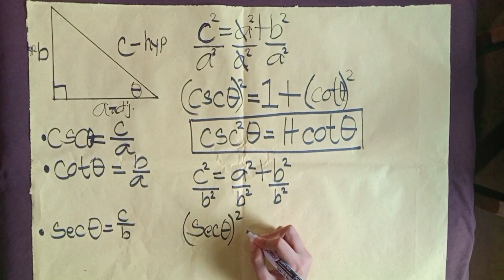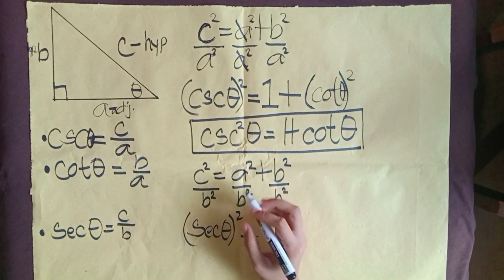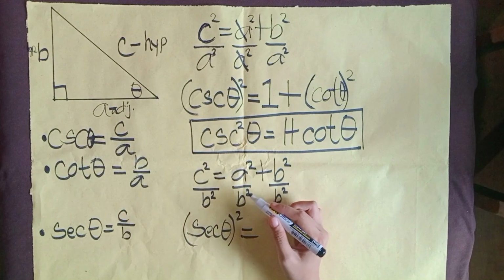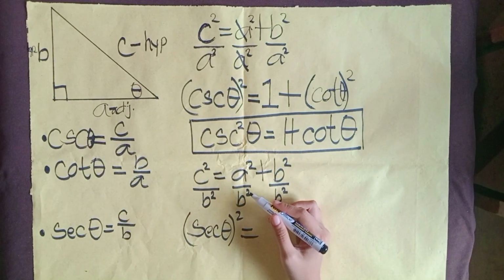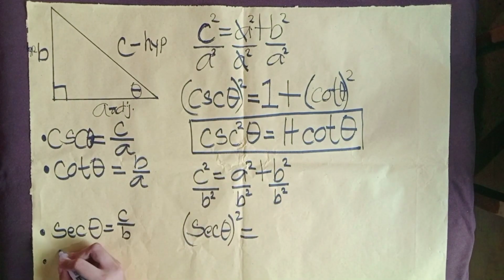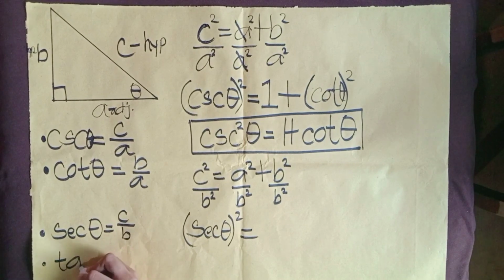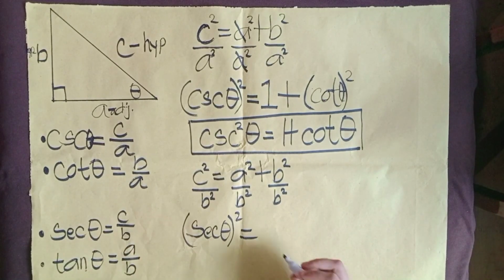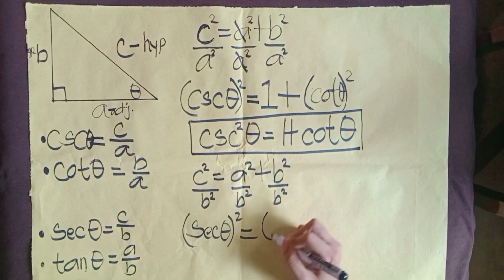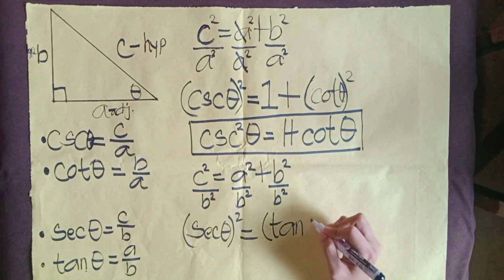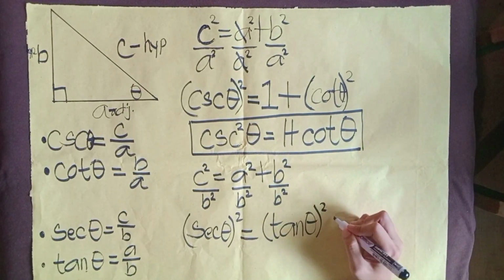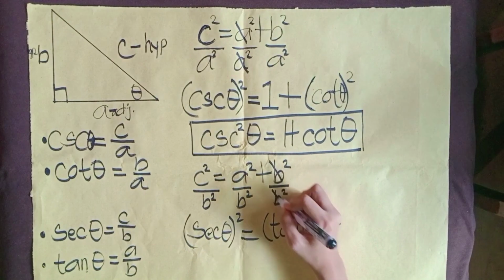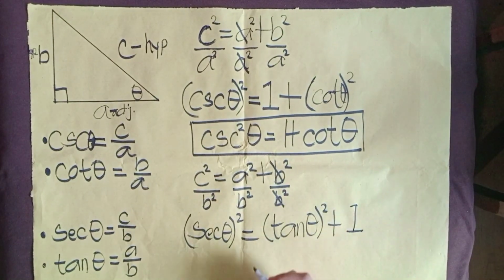squared equals, so a over b, that is adjacent over opposite. So that is tangent theta equals a over b. So tangent theta squared, so plus b squared over b squared, that is 1.